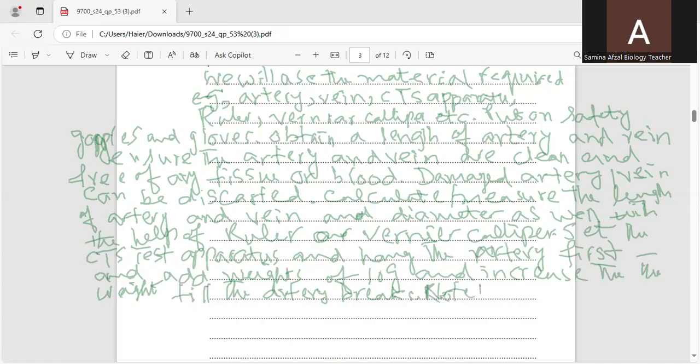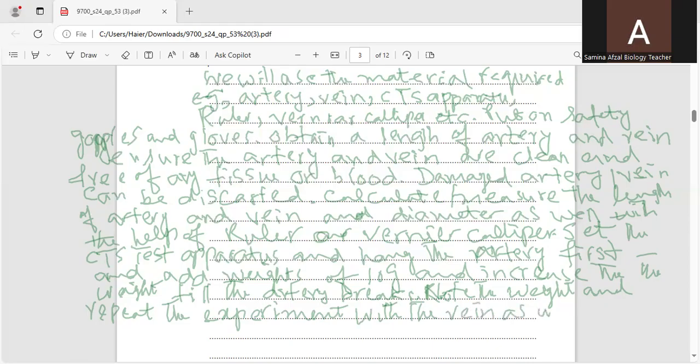Note the weight and repeat the experiment with the same with the vein as well.